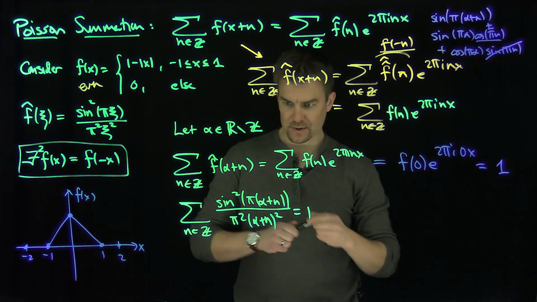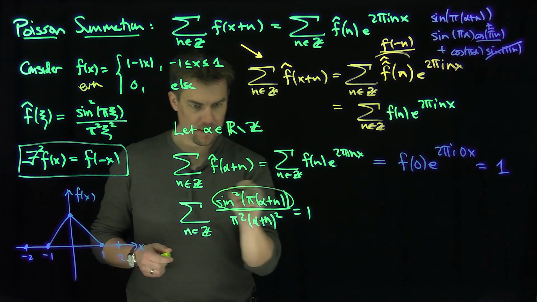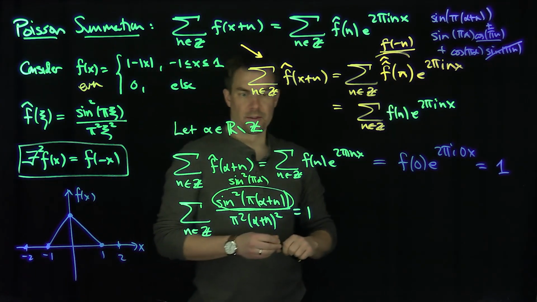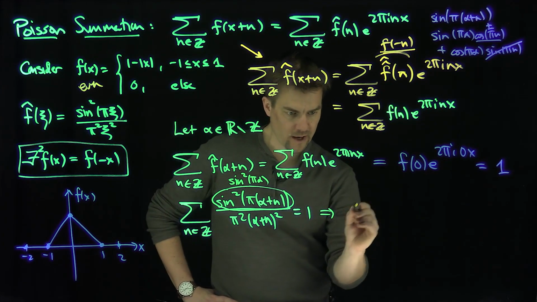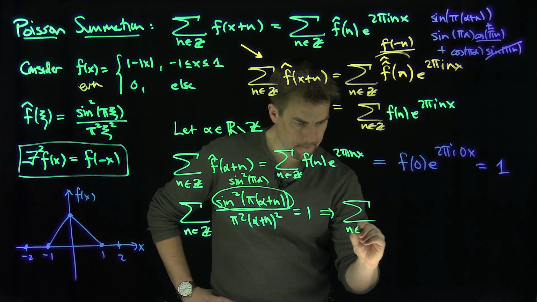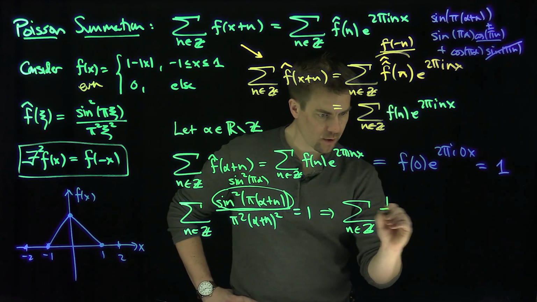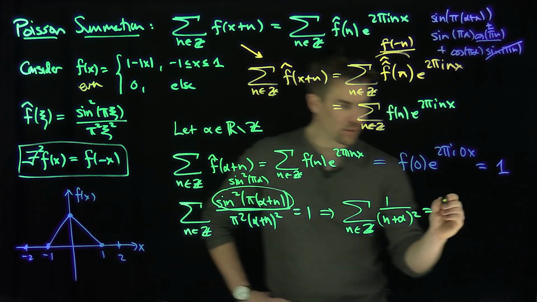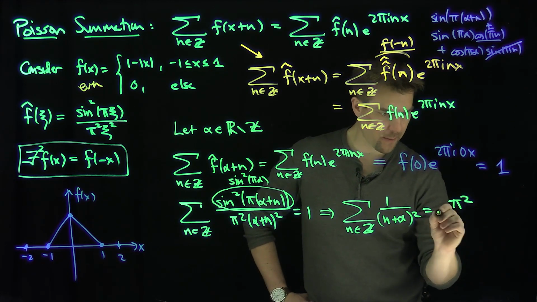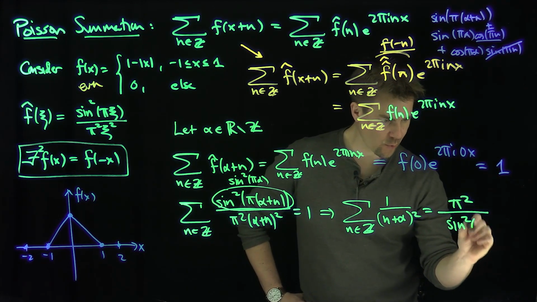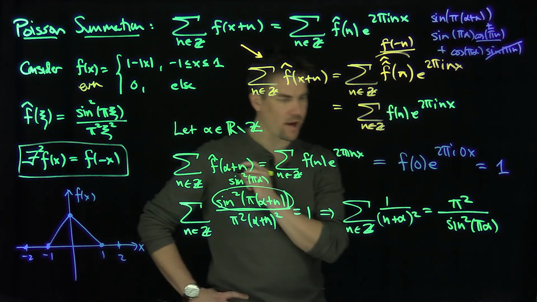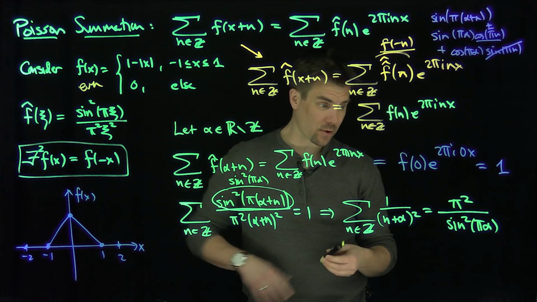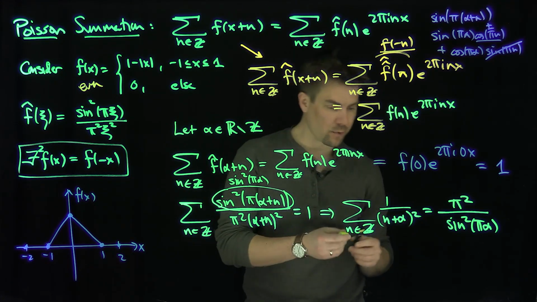Therefore, I can write this as the sum over n in Z of 1 over n plus alpha quantity squared is equal to pi squared over sine squared of pi alpha, by multiplying both sides by pi squared. And the cool thing from this is that I can actually integrate this equation for alpha, for reasonable values of alpha.